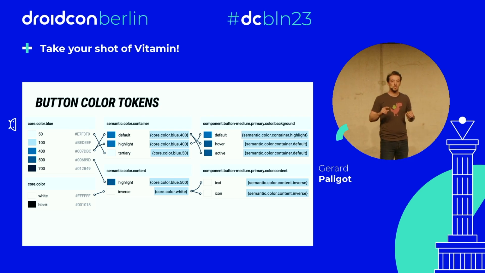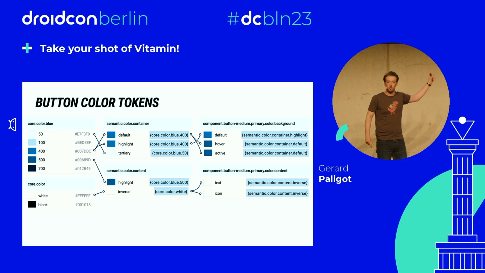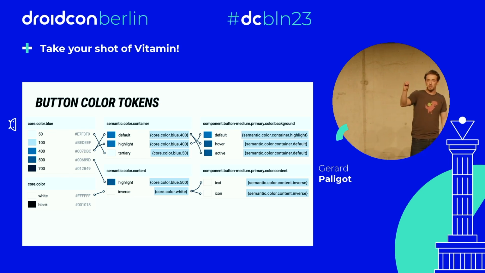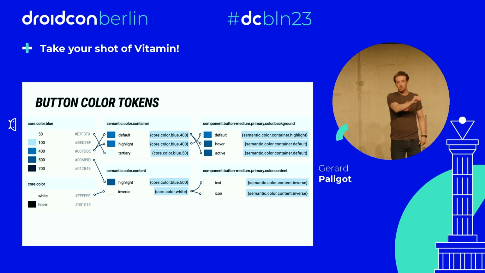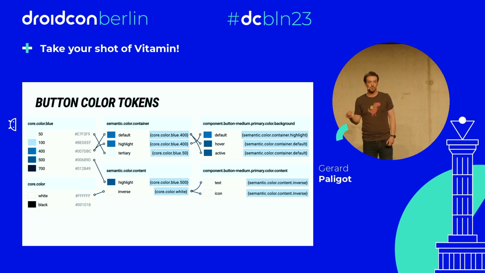So the reading is not from the core to the component, but from the component to the core, because a component token has a reference to a semantic token, and a semantic token has a reference to a core token. And so if I want to change my theme, I just need to change my core tokens.